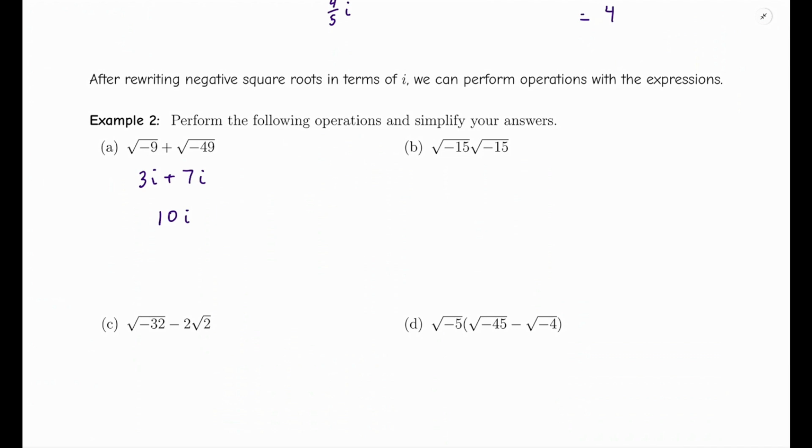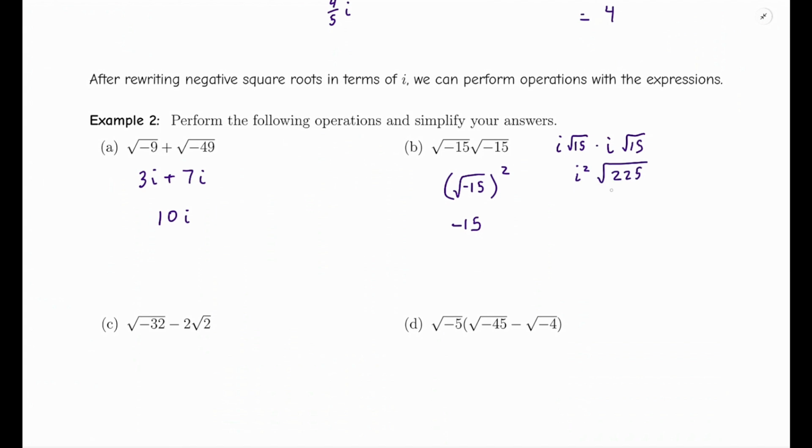Square root of negative 15 times square root of negative 15. Well, I can think of this as the square root of negative 15 squared, which is then negative 15. That only works if the radicands are exactly the same. So normally what you would do is i square root of 15 times i square root of 15, which then becomes i squared square root of 225, because that's what 15 times 15 is.